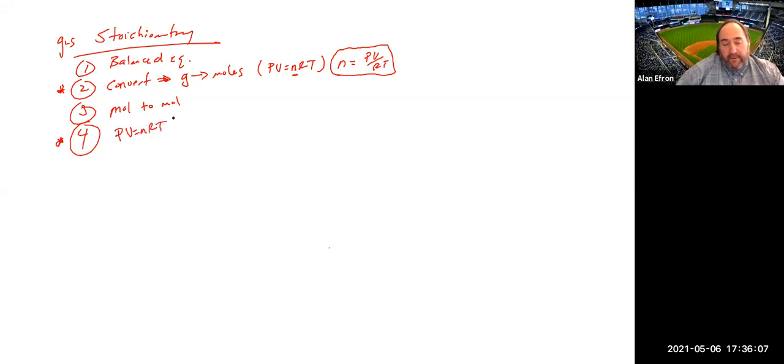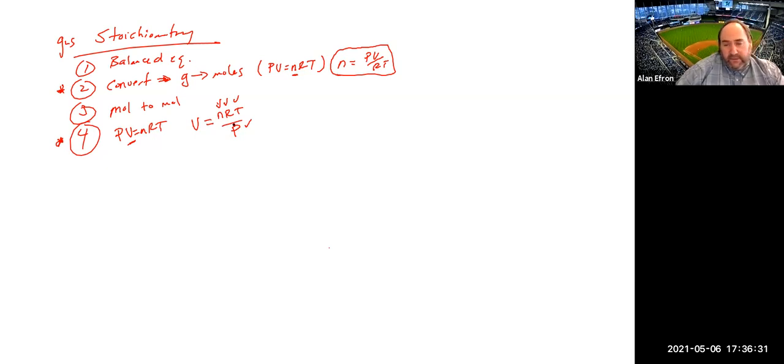In most cases, volume is a very common one that you are trying to find, like the volume of a gas produced. At this point, you would have the moles from the previous step, R, T, and P. T and P would be given to you. R, obviously, is a gas constant, which you always have.